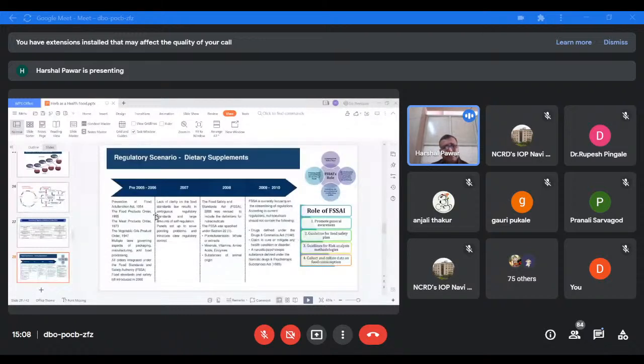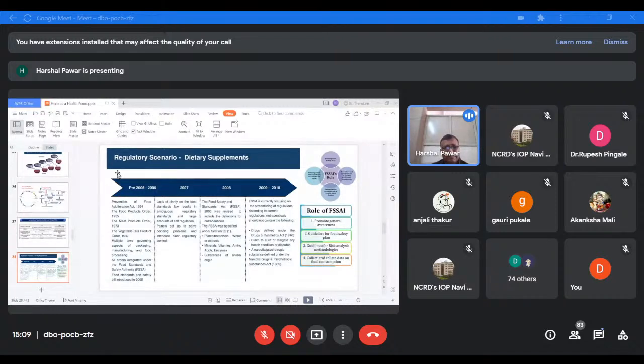This slide I'll skip because I already discussed the regulation which is now currently implemented in India. That is the Food Safety Authority of India. Right.